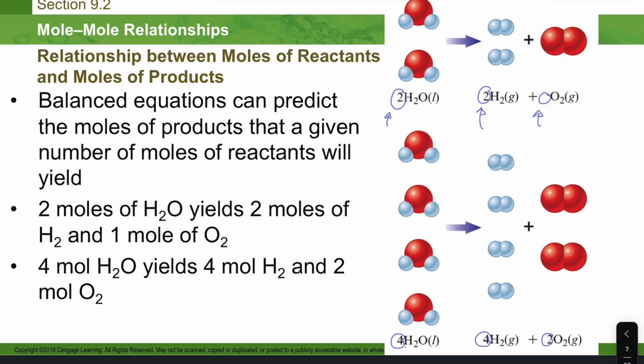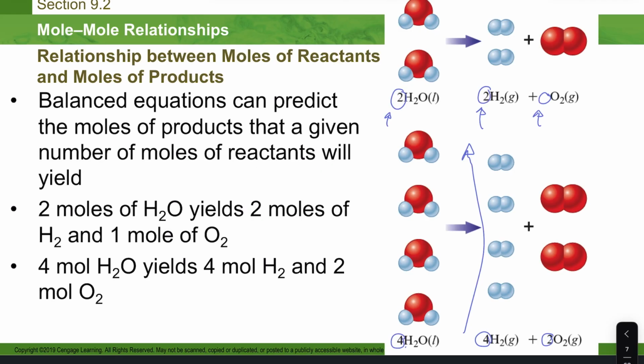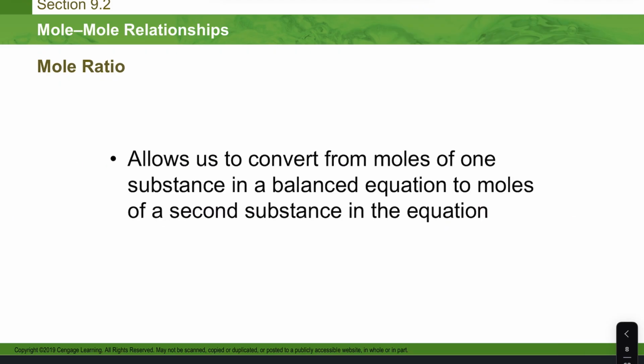But divide all of those values by 2, and you end up getting the same thing that was up there, 2, 2, 1. So mole ratios are what allows us to convert from moles of one substance in a balanced equation to moles of a second substance in the equation. So we can convert from H2O to H2 using the equation itself and using the numbers that go along with it.